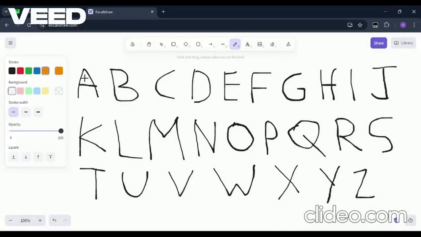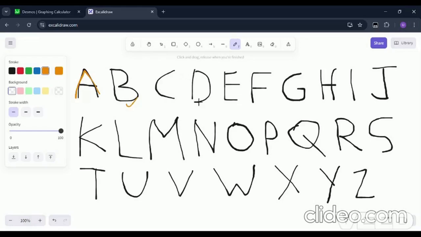If you see, it's basically an inverted V, so you can easily draw the graph of mod x and then a horizontal line. B is quite difficult, you can try it. C is easy, just a semicircle.